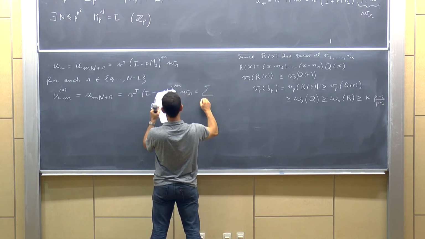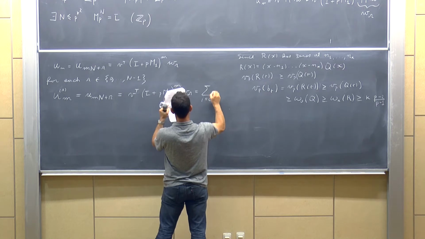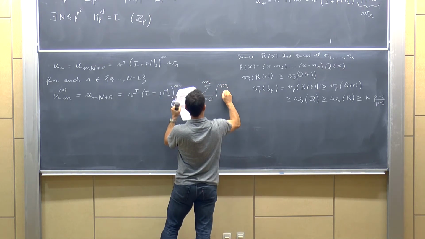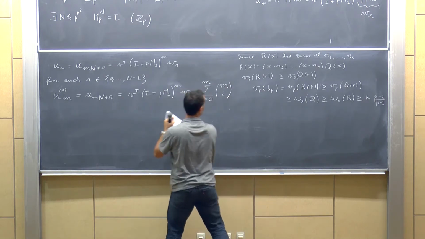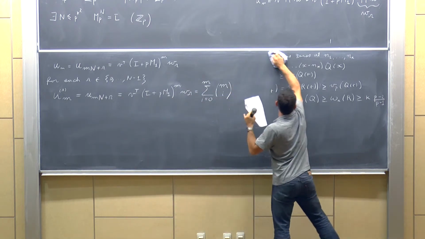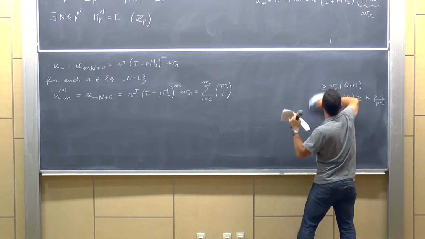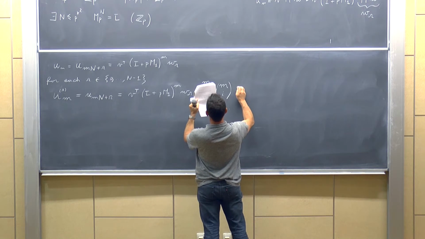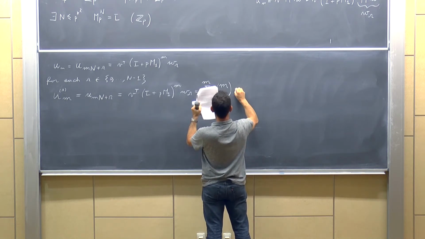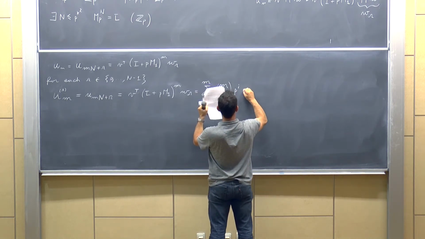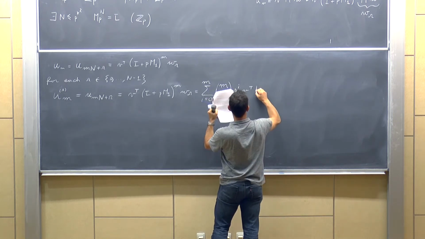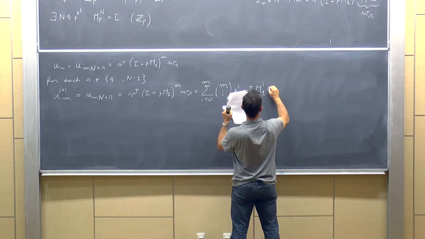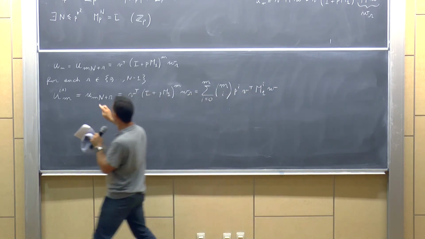So that's just simply the summation i equals 0 to m of m choose i, P to the i, v transpose M1 to the i, w. Okay, let's have a look.